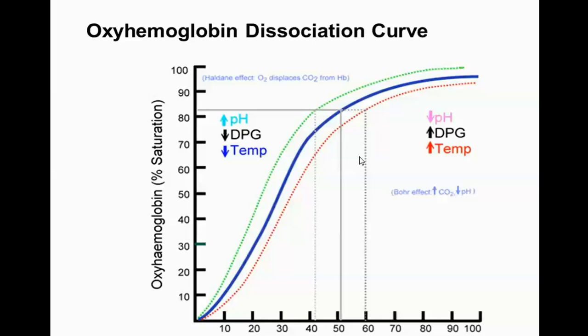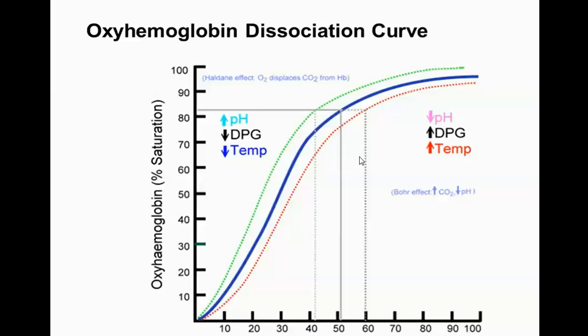Why? When the curve shifts to the left, at the same hemoglobin saturation, how much can he unload to the tissues? It's 40, okay? Because his affinity to oxygen is higher, okay? And here, he can unload to the tissue at 60, okay?